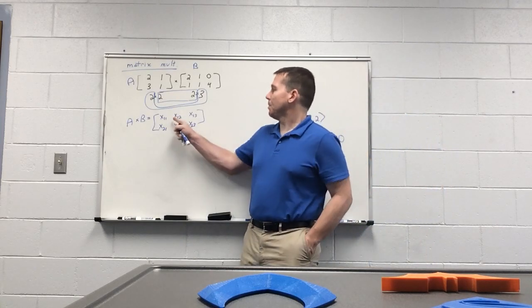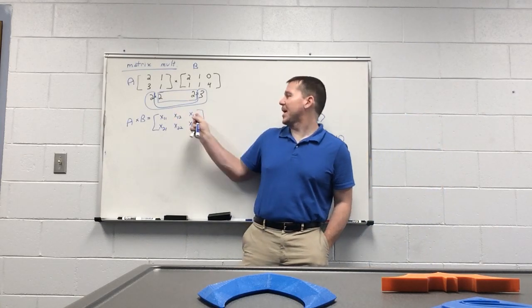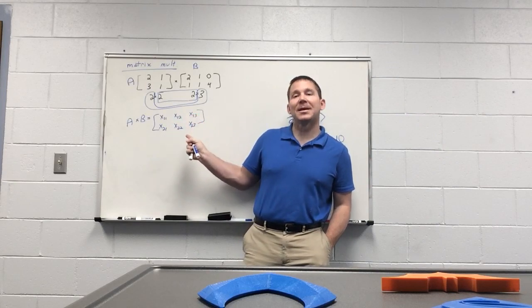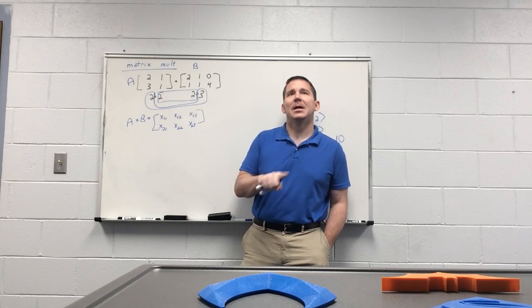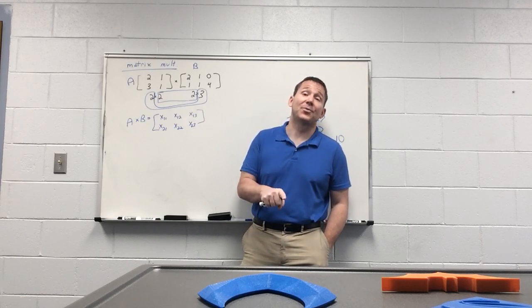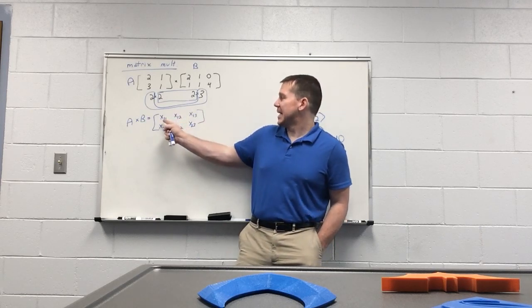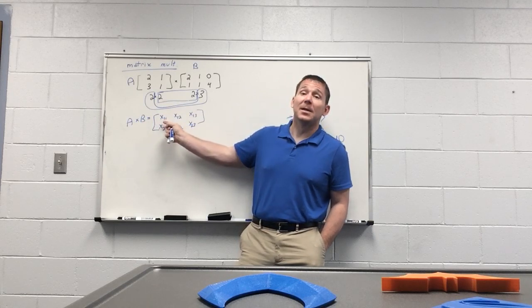But one of the reasons we write all these subscripts here to keep things organized is because it also helps us understand where all of our information comes from. In this case, when I multiply these, this is the x11 term.